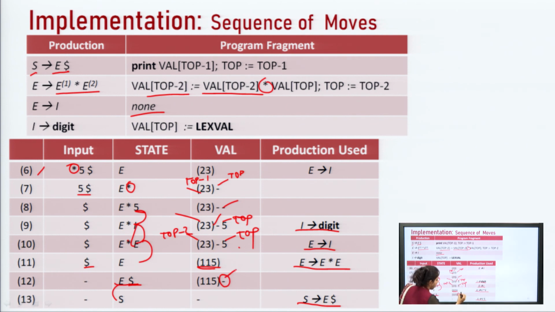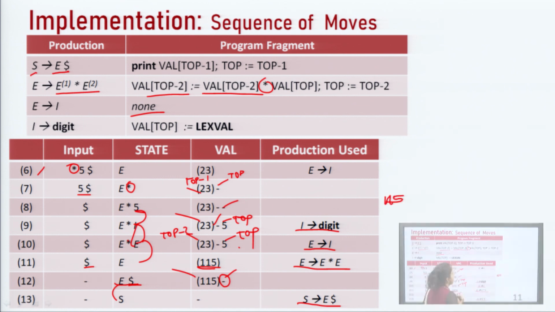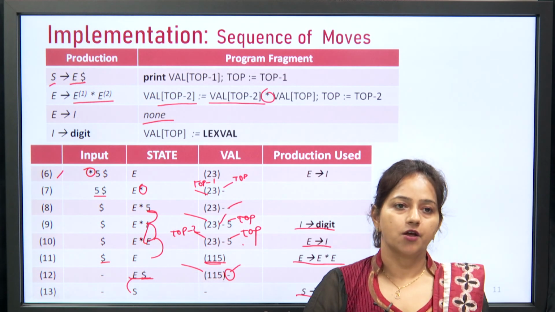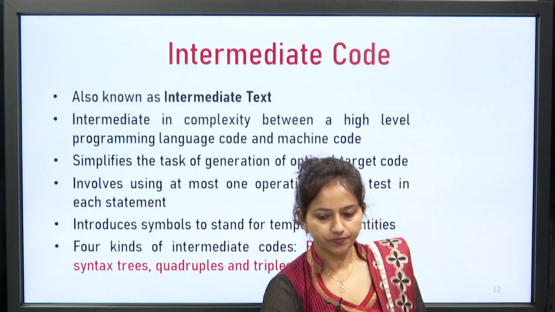So, this is top and this is top minus 1. The value at top minus 1 is 115, and here the top pointer is again updated, top is equal to top minus 1. In that way this example shows the sequence of moves that are required to implement it.